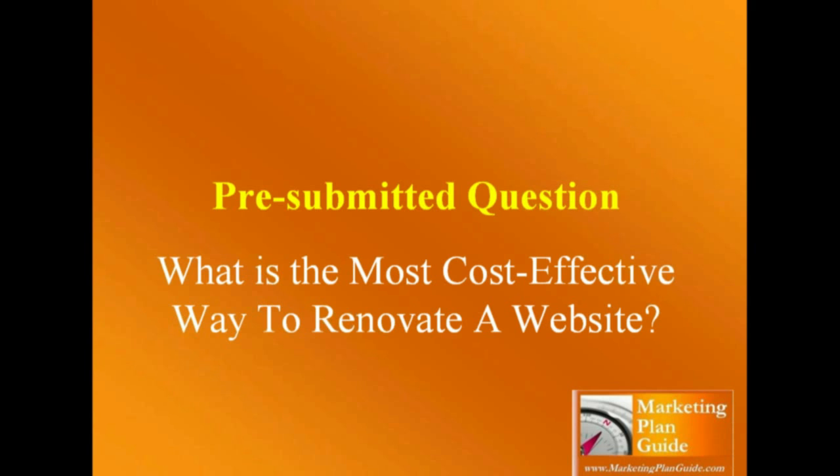Now, I use a theme called the Socrates theme, which is very flexible in its design. It's a premium theme, so it costs, I don't know, about $50. If you want to find out how to get a hold of that, just send me an email, johnhunt@marketingplanguide.com. This allows you to create some flexibility on where you place your menu, and if you want a header graphic or certain things along the side.